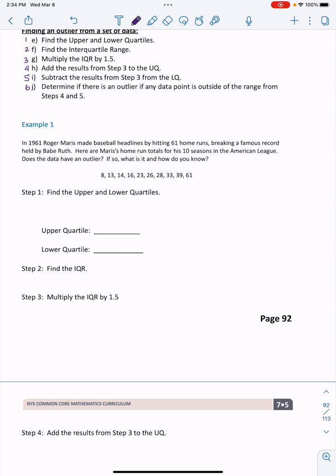The first thing that we have to do is find the upper and the lower quartiles. Because it's already in order from least to greatest, that was the most important thing. So we cut our numbers in half: here's our first half, here's our second. My upper quartile is 33.